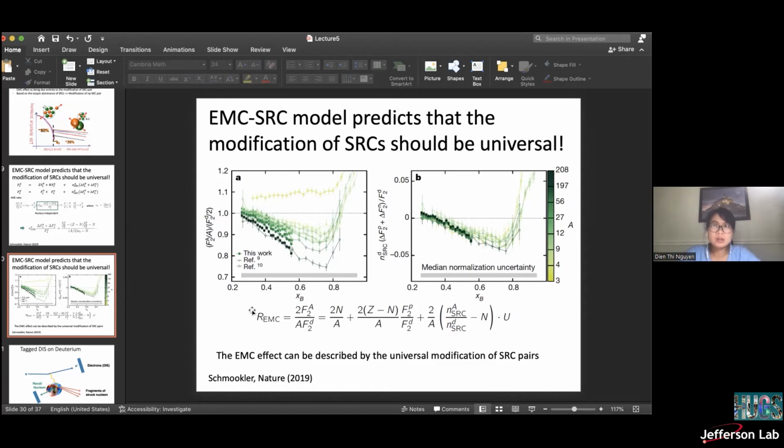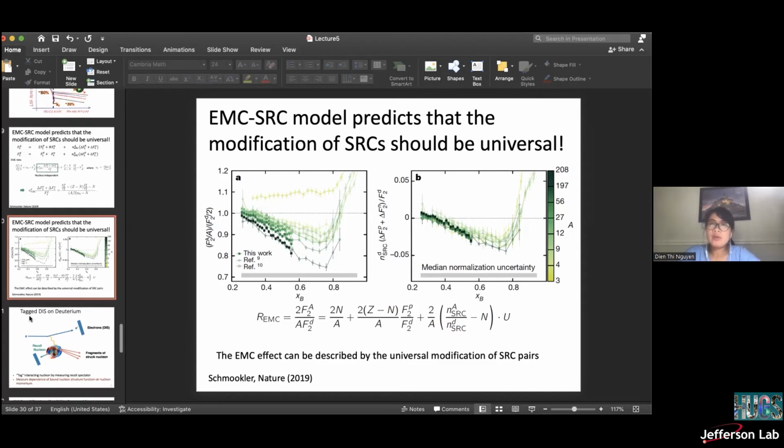From our study, we can see that the EMC effect can be well described by this universal modification of the SRC pair function. But this hypothesis still needs more testing to confirm that the EMC effect really comes from nucleons in SRC.